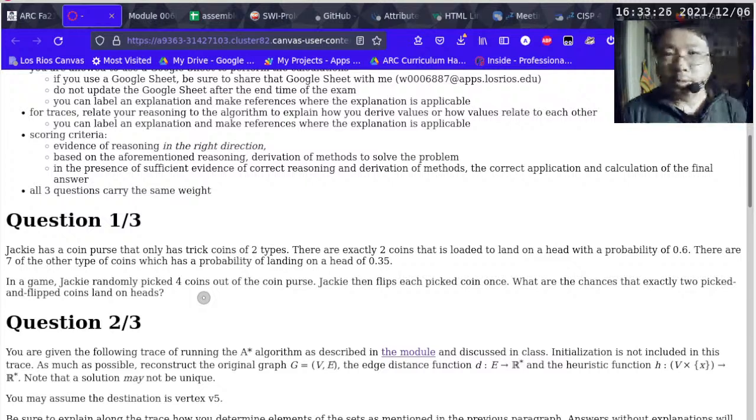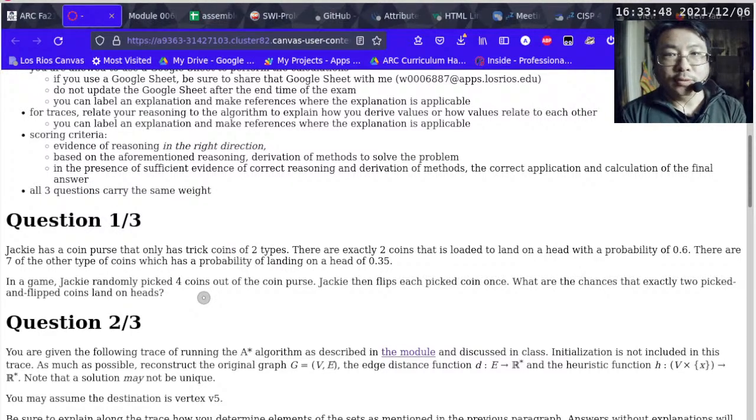Okay, so how do we start with this problem here? So the first thing we do is we deal with what kind of coins are we gonna pick up from the coin purse? How many different ways can we pick up coins from the coin purse? That's the first question.